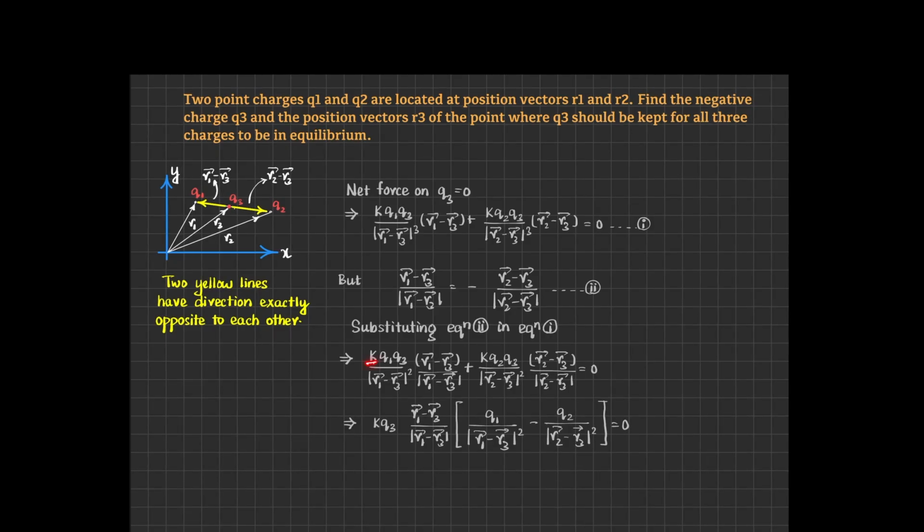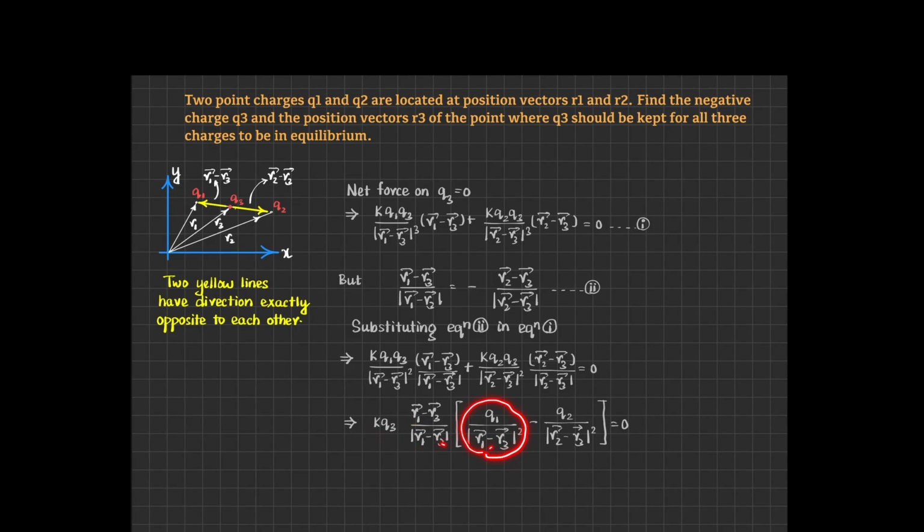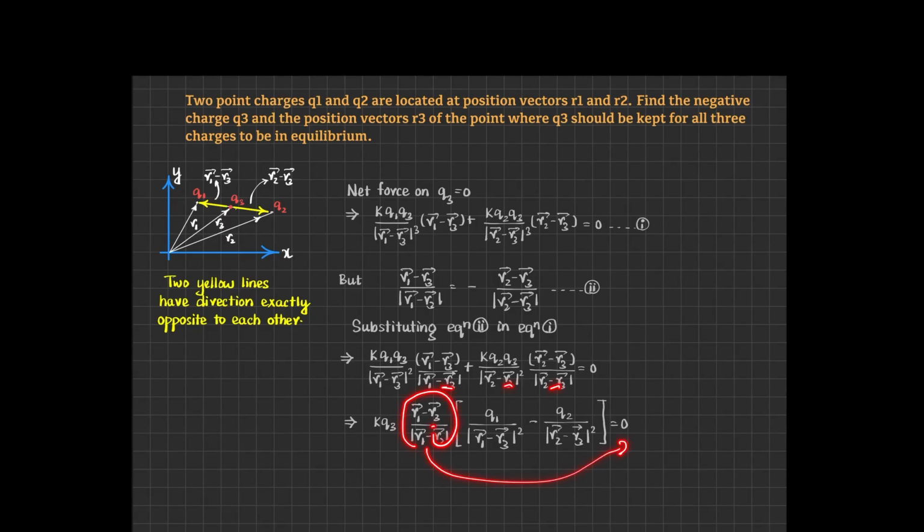From the remaining part, k and q3 I am taking common. So I am getting k q3 times r1 minus r3 vector by |r1 minus r3| into the remaining terms, q1 by |r1 minus r3| square minus q2 by |r2 minus r3| square, and this term is the same on both sides, so I am taking it common and dividing it on the right side. 0 by that much will still be 0.